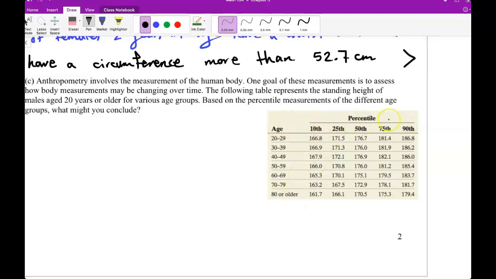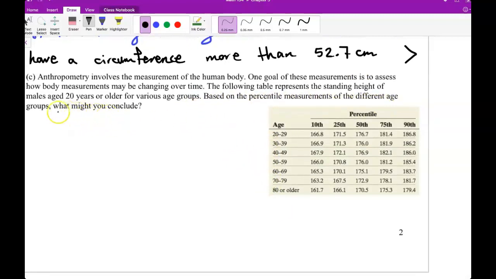And here on the horizontal line we have percentile, so it's 10%, 25, 50, 75, 90%. On this part we have height of males age 20 years or older for various age groups. So these are the age groups. Based on the percentile measurements of the different age groups, what might you conclude?